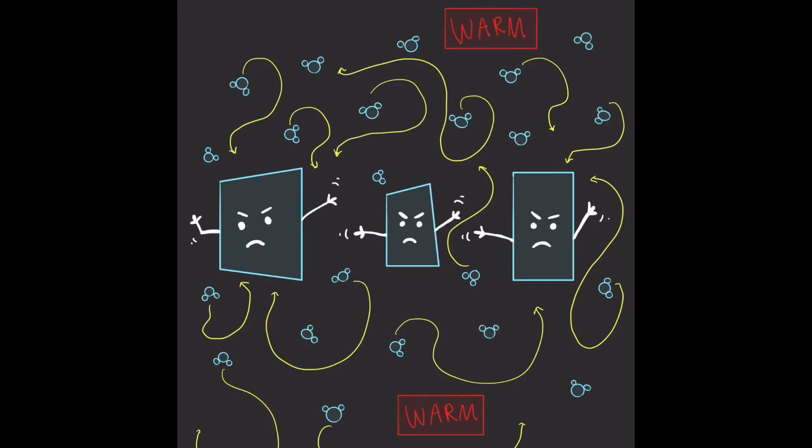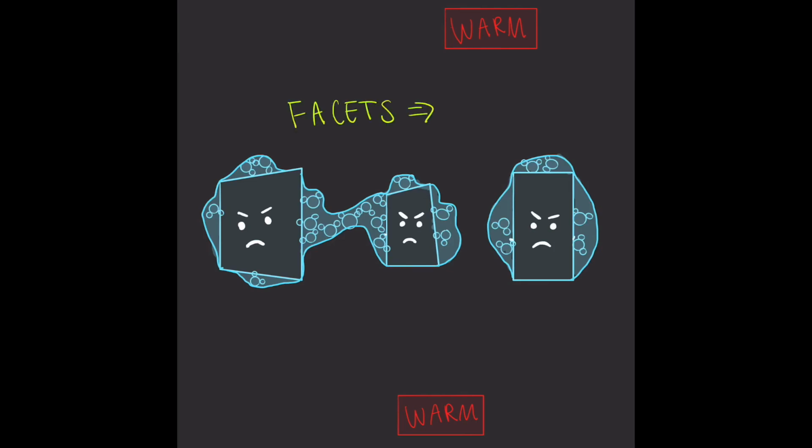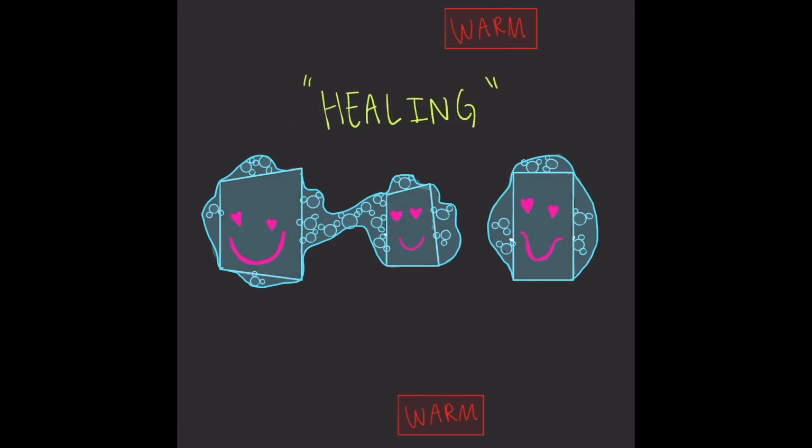And as a result, it's going to deposit all over those grains, not just preferentially on the underside. And this causes the grains to round, and it also causes the grains to experience sintering and begin to bond with one another. And the end result is that this cohesionless snow becomes cohesive, which is what we call healing.